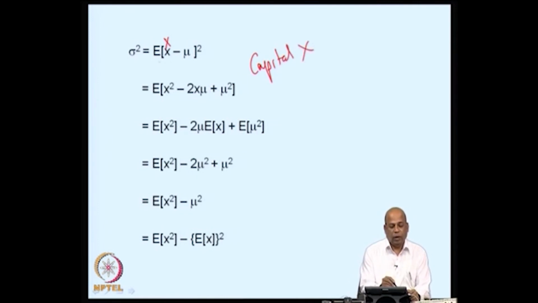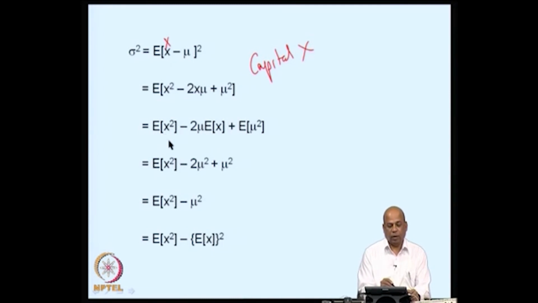So, from here, expected value of X minus mu the whole square, we expand this. So, we are talking about expected value of X square minus 2 X mu plus mu square. So, when we simplify this, recall the properties of the expected value. So, I can write this as expected value of X square minus 2 mu, being constant, it comes out, into expected value of X, plus expected value of mu square.